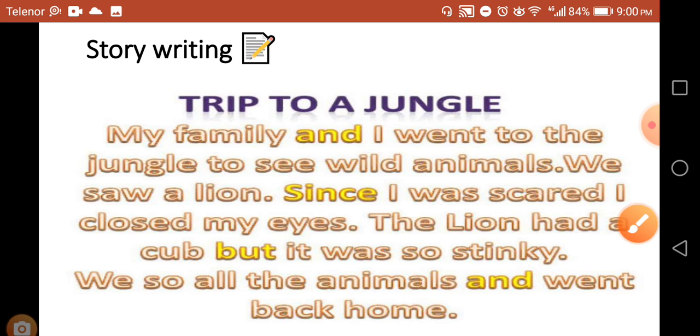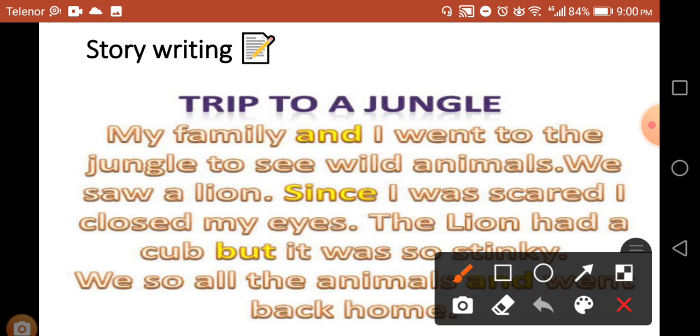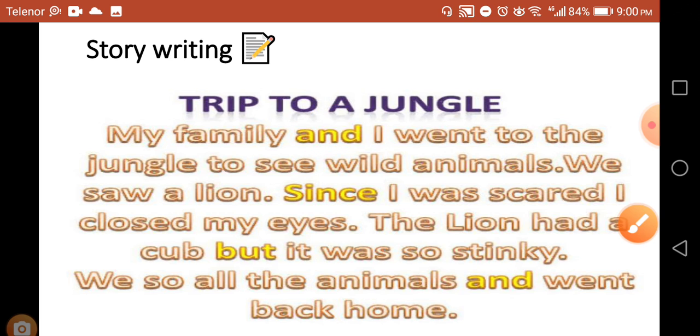Now here you can see in this slide: my family and I went to the jungle to see wild animals. Again we have compound sentences. We saw a lion, and since I was scared, I closed my eyes. The lion had a cub, but it was so stinky.